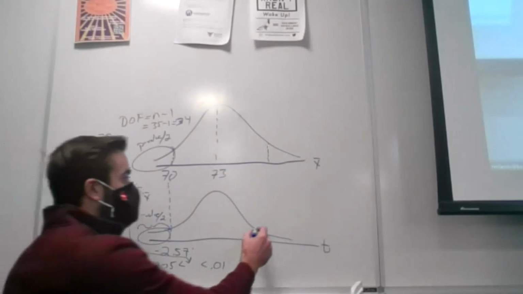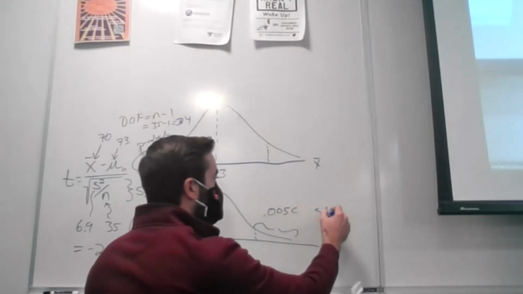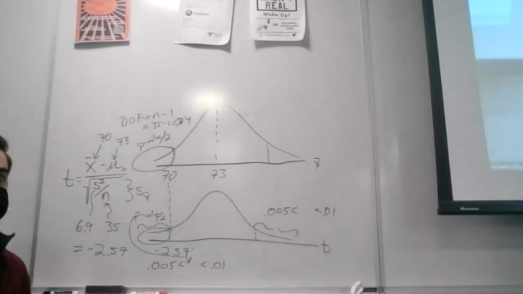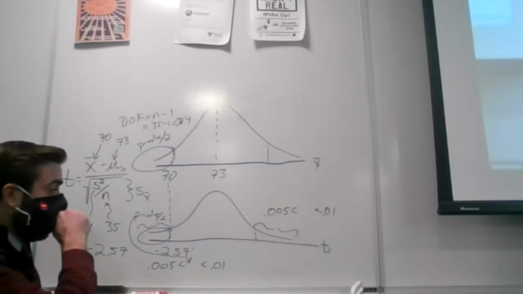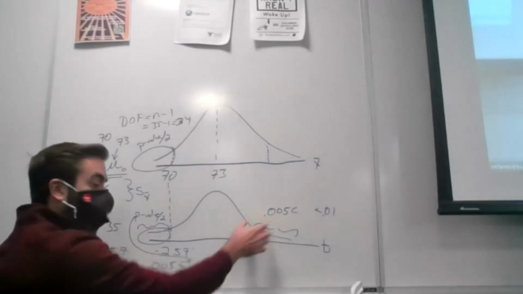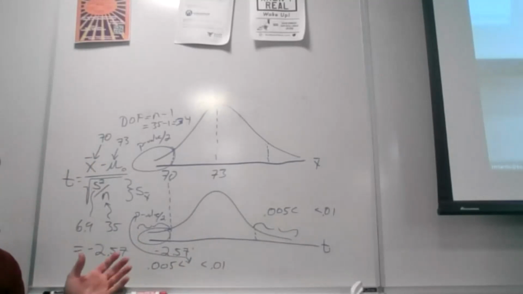So I know that over here, this area is also in between 0.005 and 0.01. So the total area in those tails has to be somewhere in between. And I can think about this a couple different ways. I could simply add up these lower bounds and upper bounds, or I could just say, well, look, I'm going to treat this like any other example.